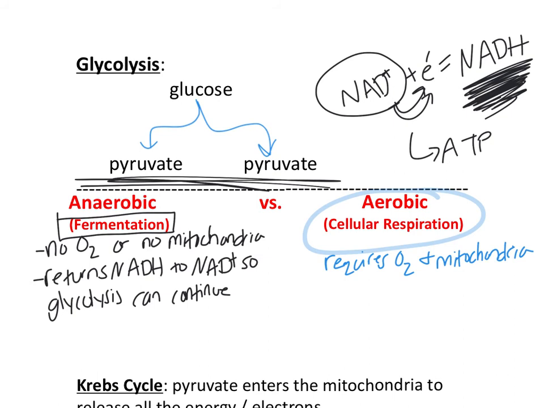You will never see a situation where one pyruvate goes to aerobic and one goes to anaerobic. They're pretty much always going to go to aerobic if they can. And if not, then they'll default to anaerobic.